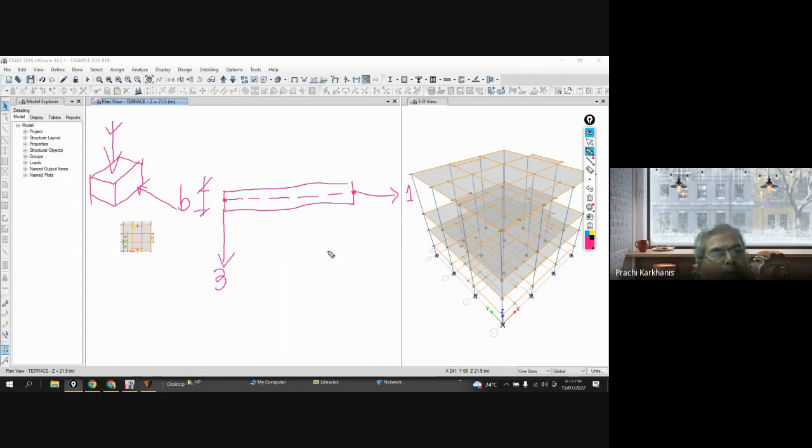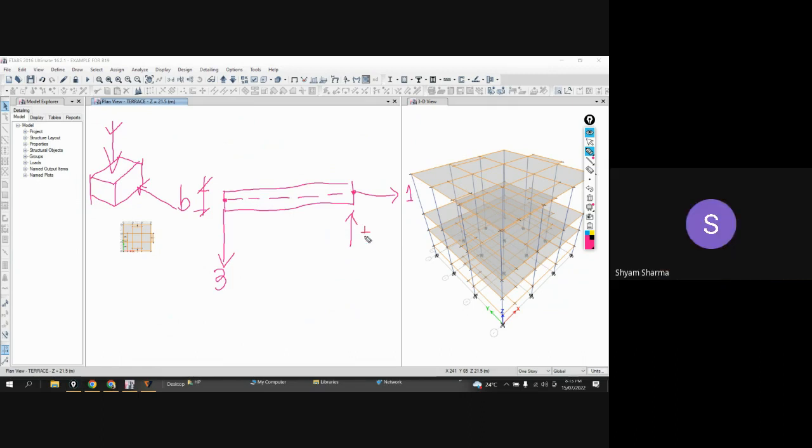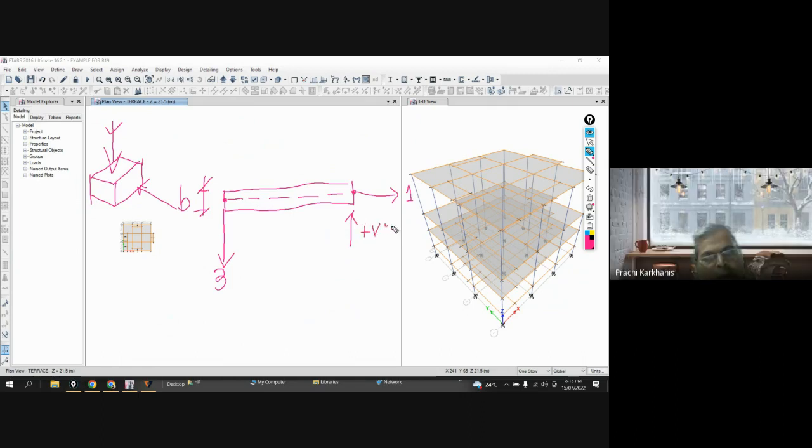Now if I want to see the shear force, then this will be in the positive direction, so this will be positive V3, because it is in the 3 direction. Clear?